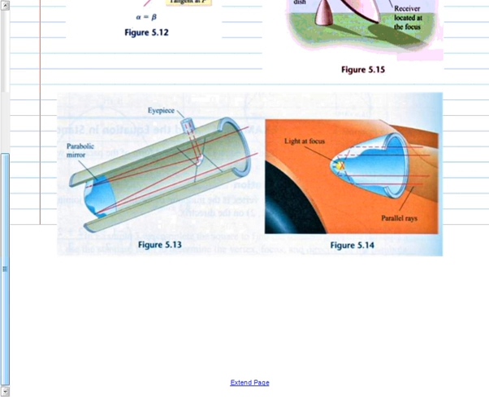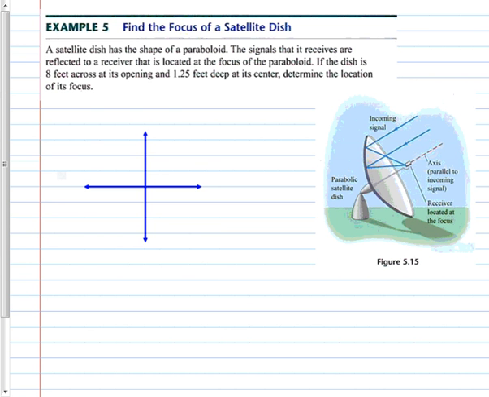Different types of telescopes can also have a parabolic reflecting mirror, so it focuses everything back over here. All right. So let's try it out. A satellite dish has the shape of a paraboloid. The signals that it receives are reflected to a receiver located at the focus of the paraboloid. If the dish is 8 feet across at the opening and it is 1.25 feet deep at its center, determine the location of its focus.